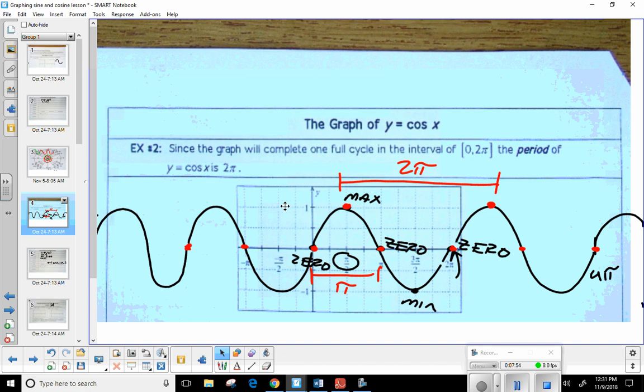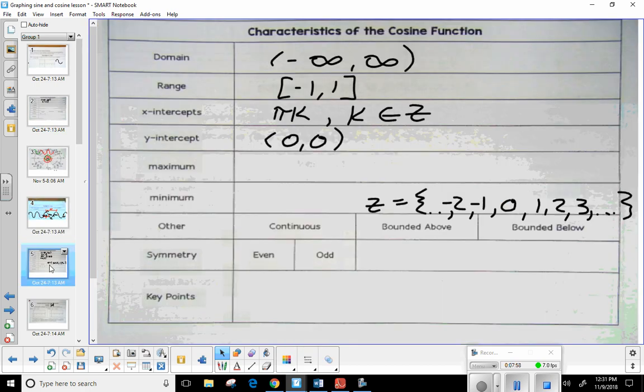So here it looks like I'm just adding multiples of 2 pi. So I'm going to say pi over 2 plus 2 pi k. Again, we're going to say that k is an integer. Pi over 2 plus 2 pi times 1, plus 2 pi times 2, plus 2 pi times 3. Is everybody okay with this?